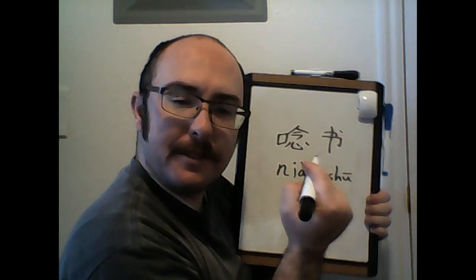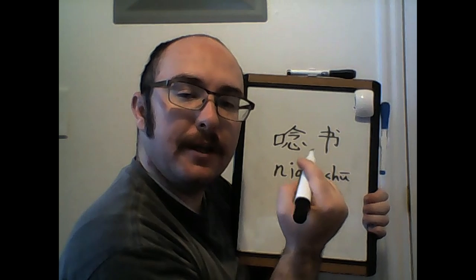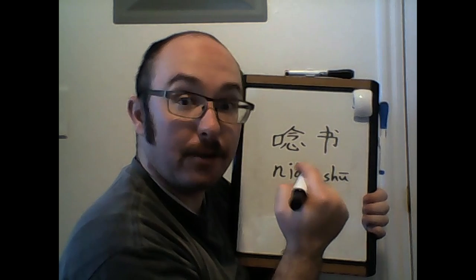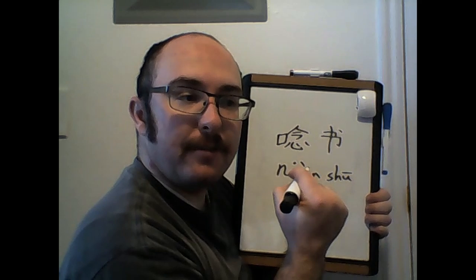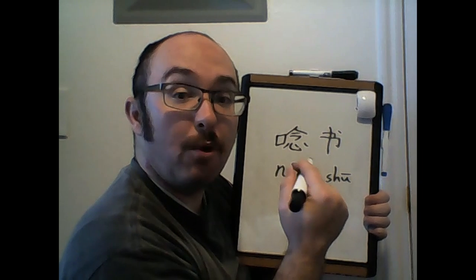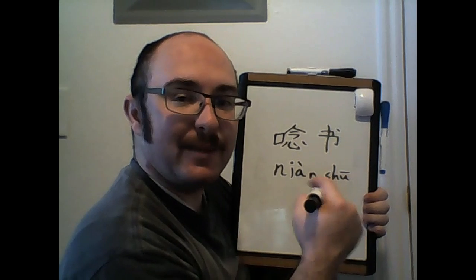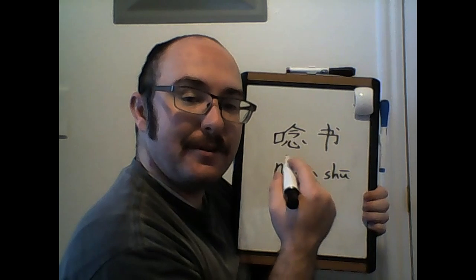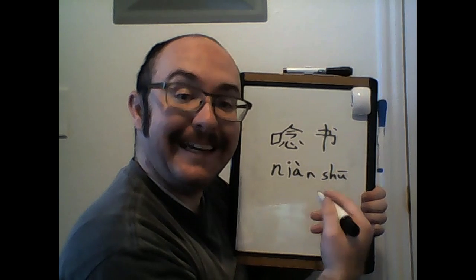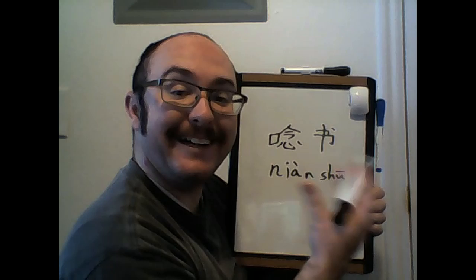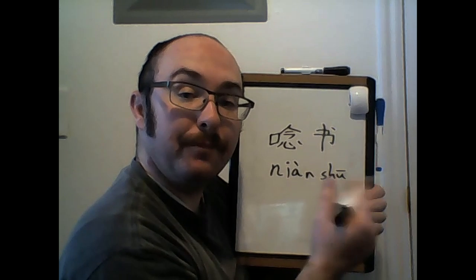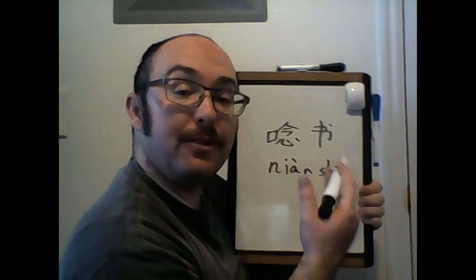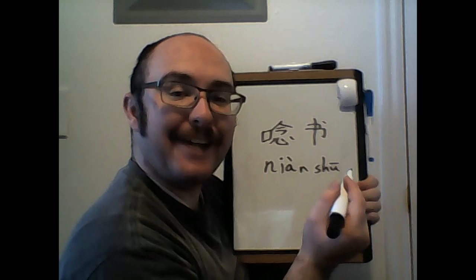And the reason it means study for a test is because historically in China, tests are very much based on memorization. Like, can you quote the book to me? That's kind of what that is. And so to help you memorize, you will 念书, you'll read it out loud. Sometimes your teacher will ask you to read a passage out loud in class.